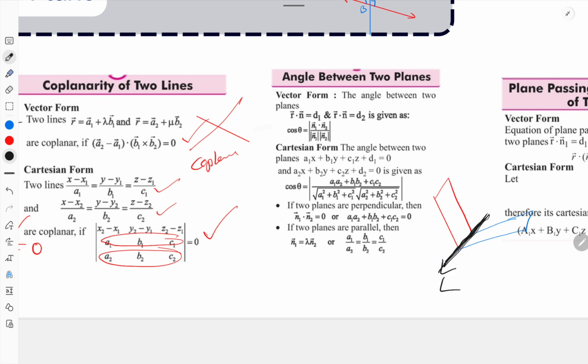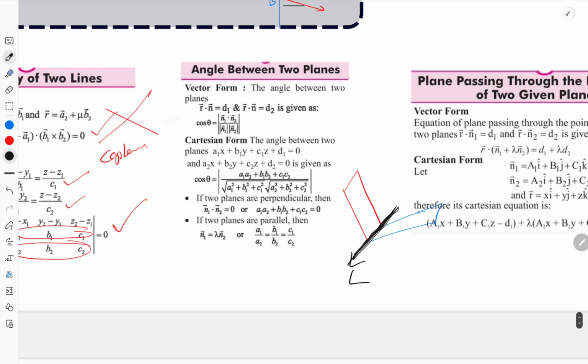How to find this line's equation? The first plane has some normal n1, the second plane has some normal n2, and the common line will be perpendicular to n1 and perpendicular to n2 also. So this common line will be parallel to n1 cross n2. The cross product of the two normals will give you the drs of the line. To find the equation of this line, you choose some common point, and using that point and this drs, you can frame the equation of the common line.